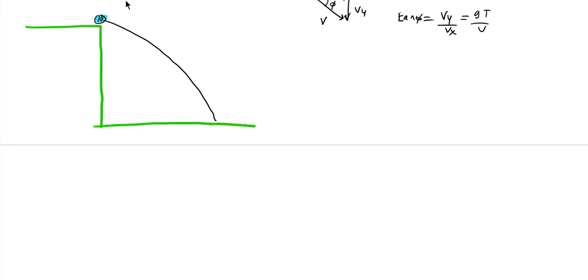The horizontal component of velocity will not change, and the vertical component of velocity will keep on increasing: v1y, v2y, v3y.